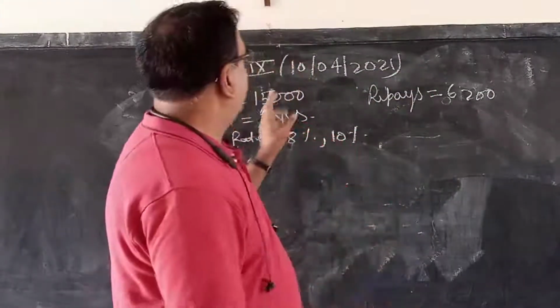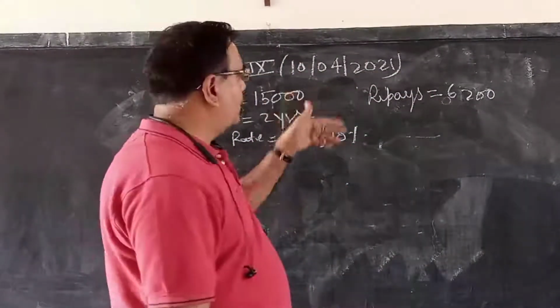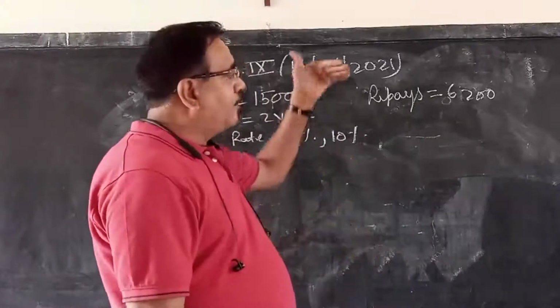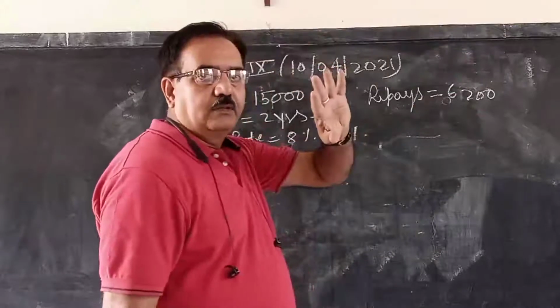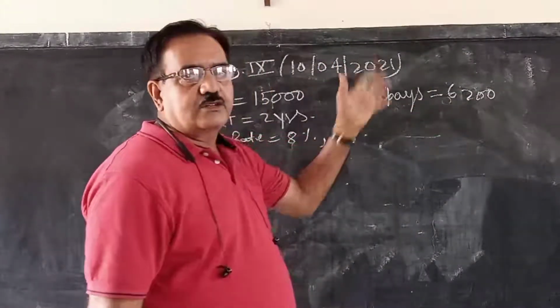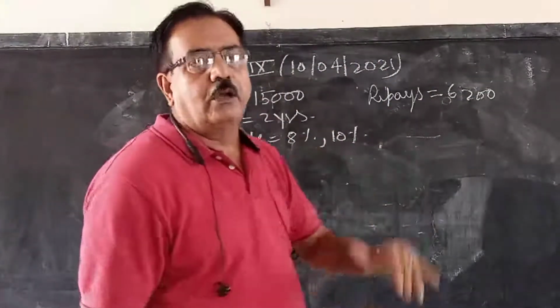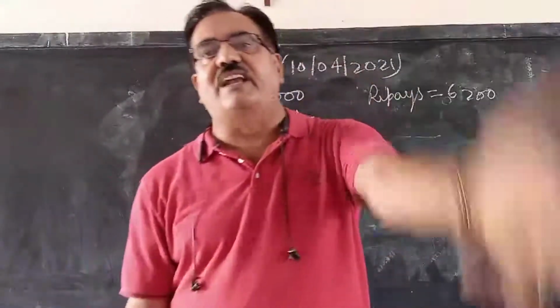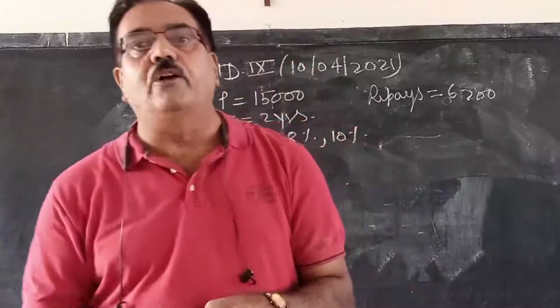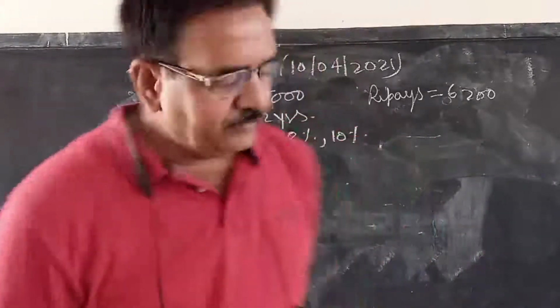Once again, after calculating the first year amount, from this amount he returned 6,200 rupees. After subtracting 6,200 from the first year amount, whatever amount is left will be the principal for the second year. This is the meaning of repay.